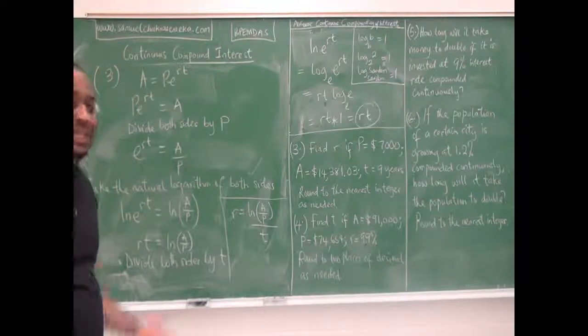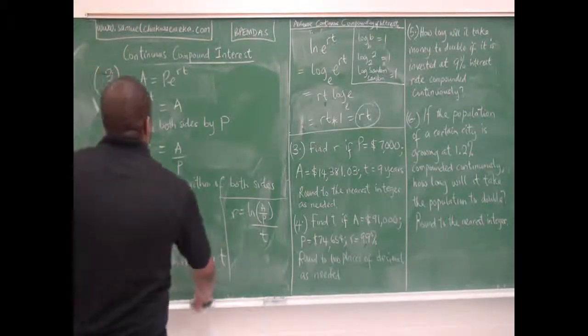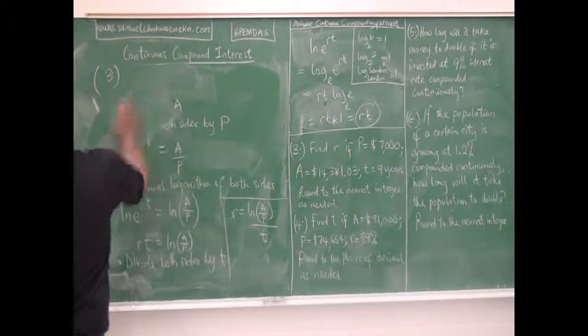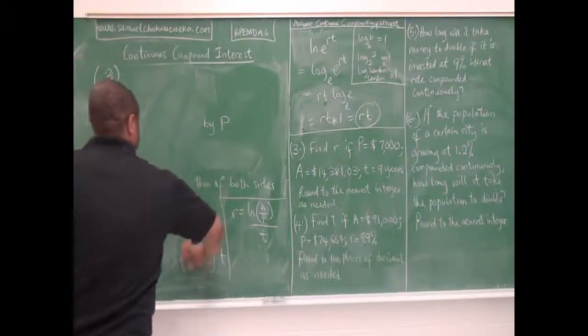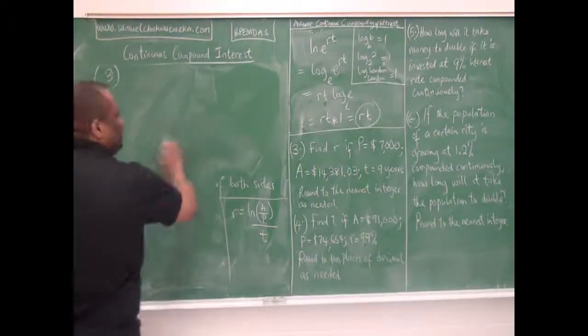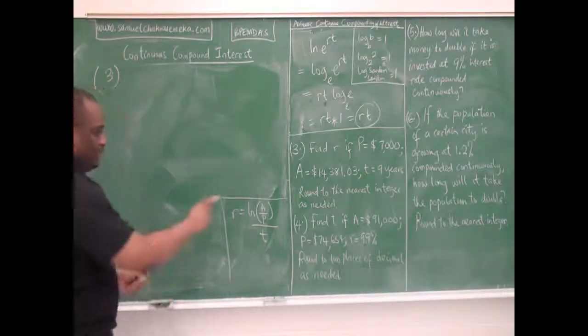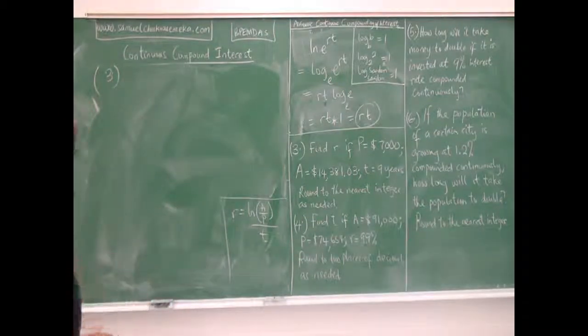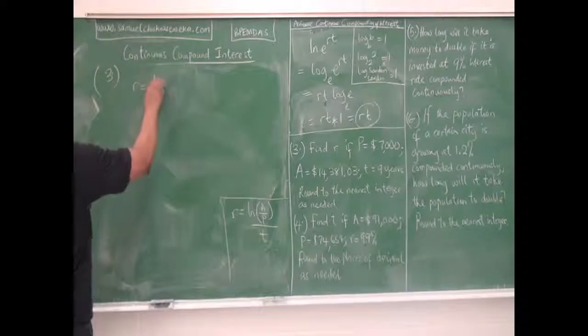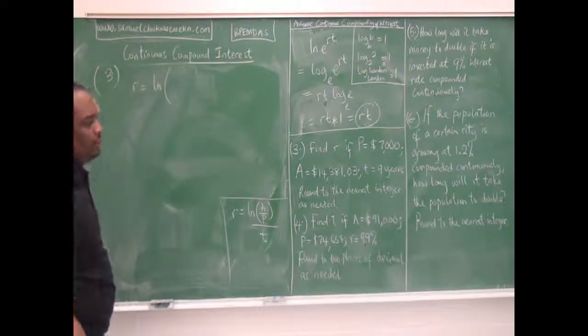Okay? So let's get it done. Let's now do the problem. Whatever you're asked to find, it is better you first of all make it the subject of the formula. So our R will now be ln A is what?